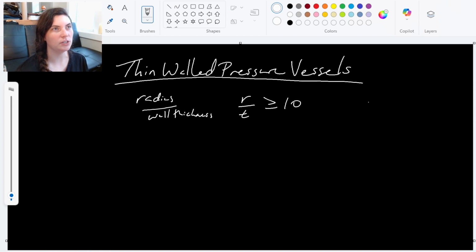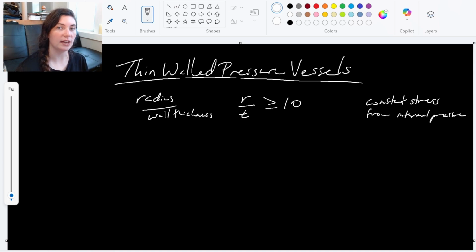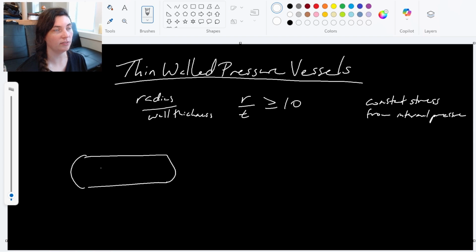The other thing that we assume is that there's constant stress from that internal pressure. So we're going to be able to calculate the stress that's actually on the walls of these spherical or cylindrical vessels, due to the pressure of the gas or liquid or whatever substance is pressurized on the inside.